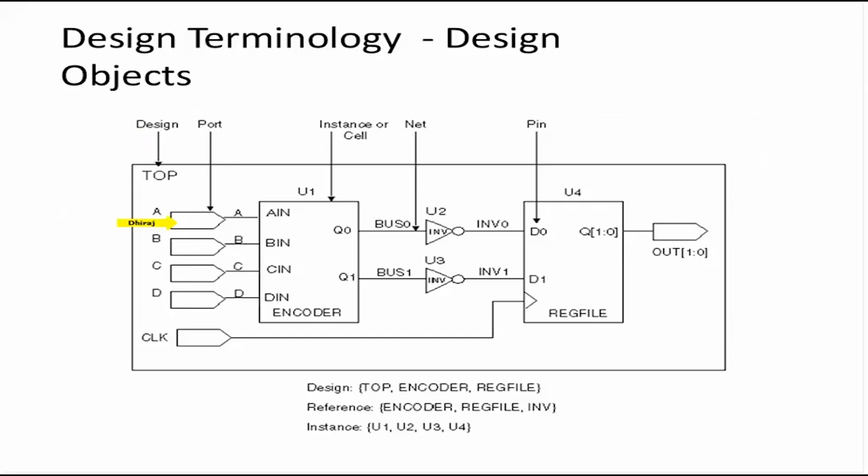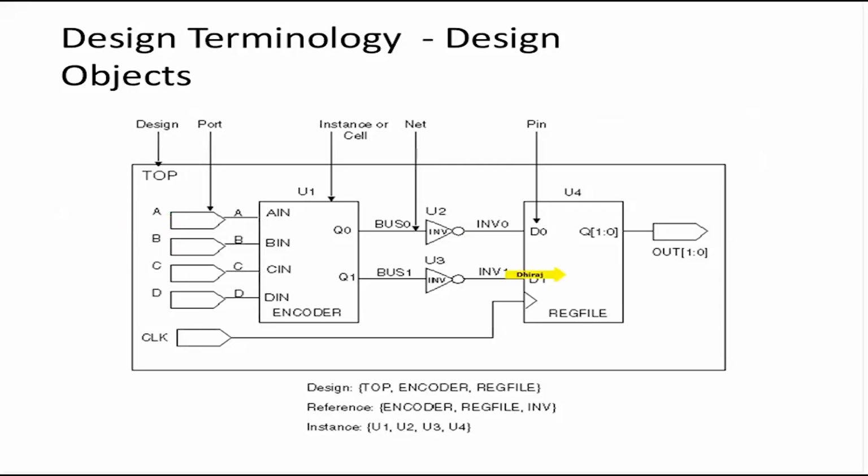The input and output ports are simply called ports, but the ports of the designs which are instantiated inside the top level design are called pins. The difference between pin and port is that ports are the pins of the top level, and all the ports of subdesigns are called pins.